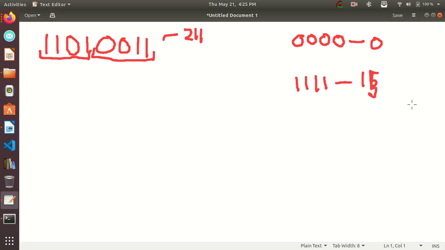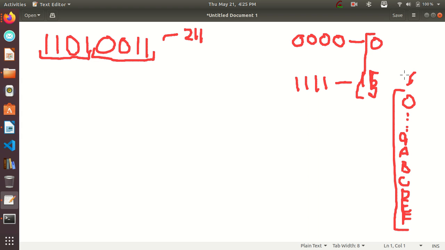Keep in mind that the numbers 0 through 9, and then 10, 11, 12, 13, 14, 15, a total of 16 values, 0 through 15, are the hexadecimal numbers that you'll recognize from your reading in the book. So the possible values here are between 0 and F, and the possible values here are between 0 and F. So every 4 binary digits, every 4 bits, is going to represent a single hex digit.